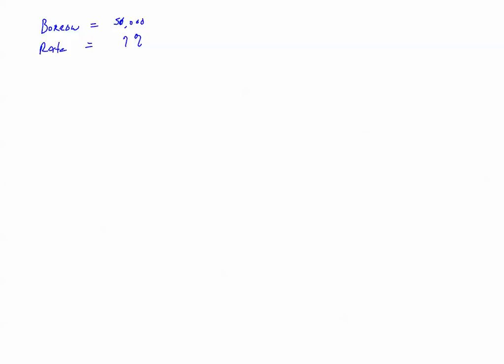I didn't get that 50 very good, did I? We'll start over and I'll get that 50,000 looking a little more like 50. And we're going to borrow that at 7% interest for a term of 20 years.